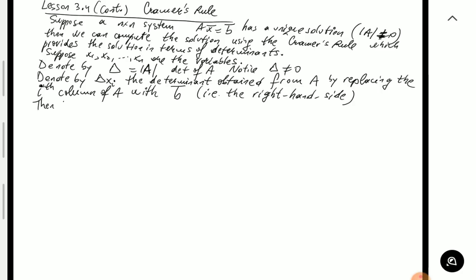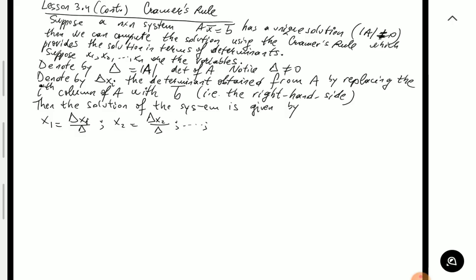Then the solution of the system is given by x1 equals delta x1 over delta, x2 equals delta x2 over delta, dot dot dot, xn equals delta xn over delta. Okay, so that's the Cramer's rule.